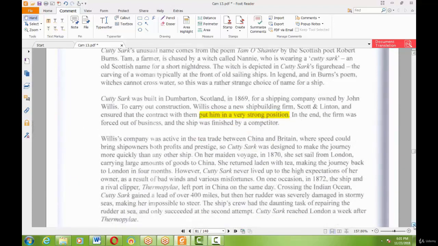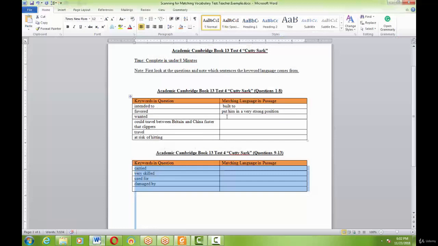Here's Willis, China, Britain, synonym UK. I'm looking for wanted. Was designed to. Was designed to is a synonym for him wanting to do something.